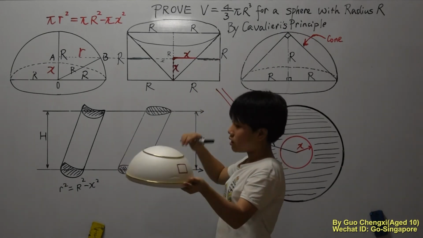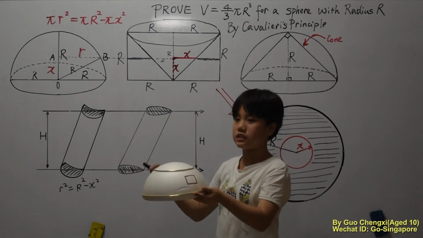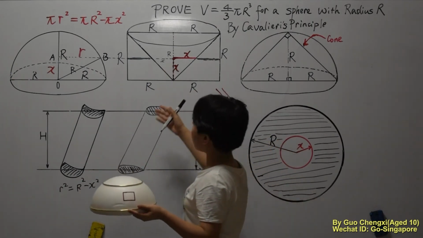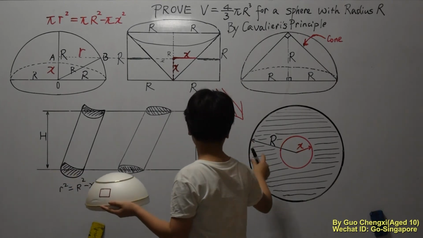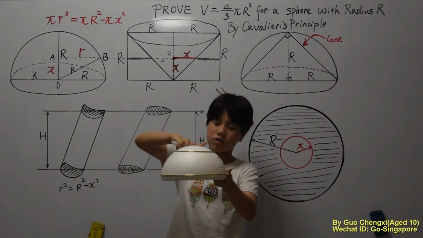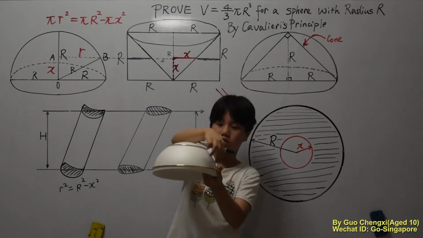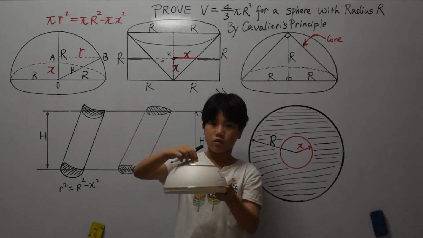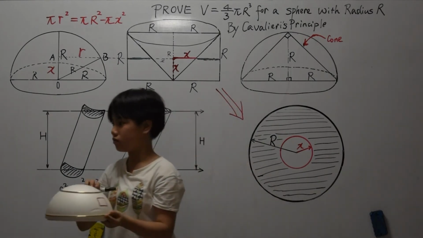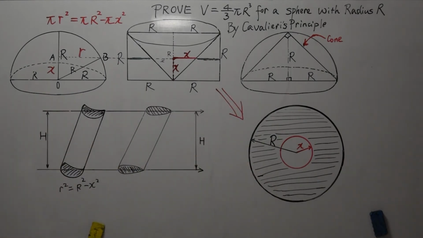Then what is the small pi r squared? It's basically this shaded part between these two. So this part is perfectly equal to this whole thing, just this layer.